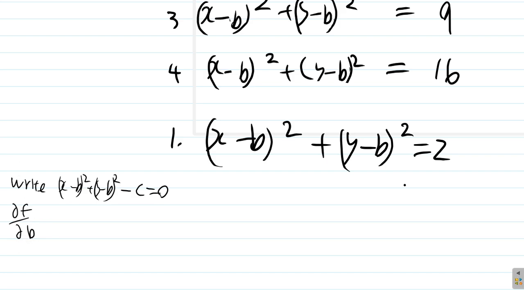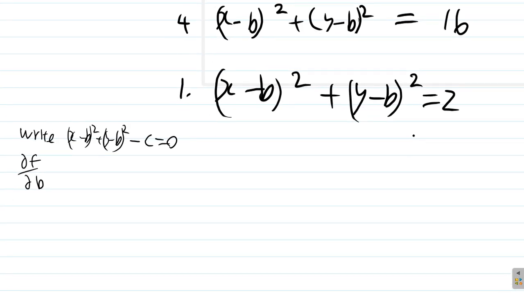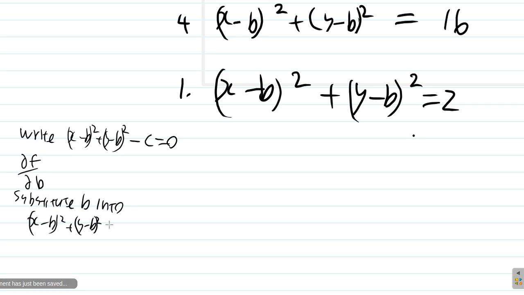After that, you substitute b into your (x minus b) squared plus (y minus b) squared, and then you solve.